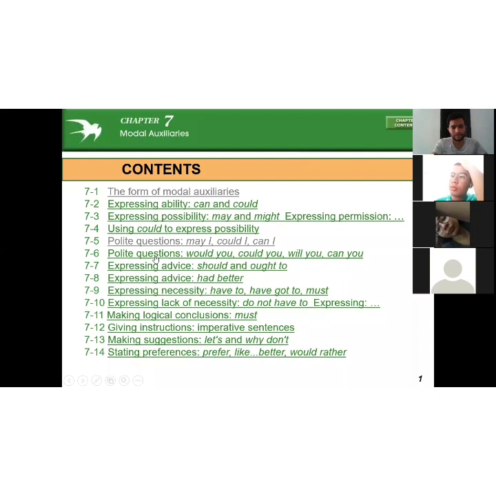So last time we covered should and ought to. We covered have to, have got to, and must. But this time we're going to see all of this in this slide presentation. We're going to cover all modal verbs because I want you to know everything about them. So let's get started now.